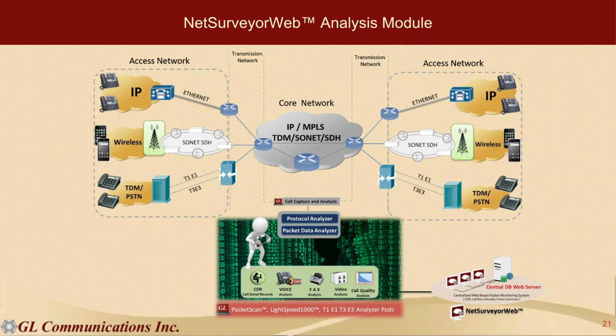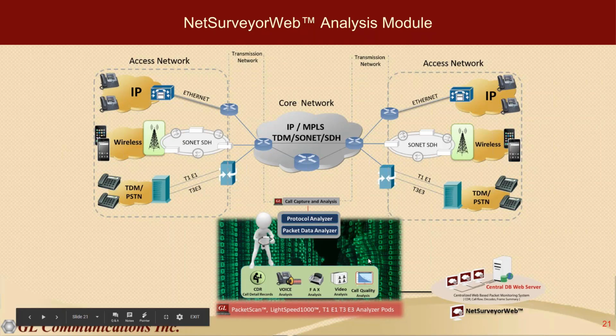Now, the next level of our architecture is that we can have protocol analyzers at the probe level feeding a database that can be centrally located. I will explain a little more about how we marry those two together with what we call our Net Surveyor Web Lite.